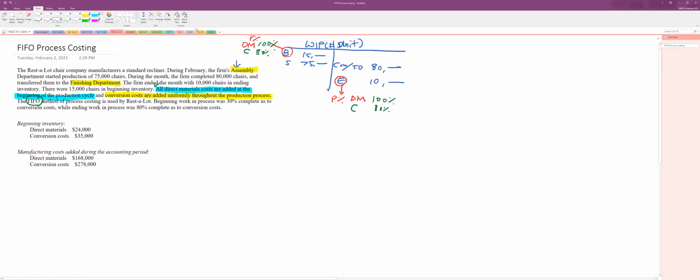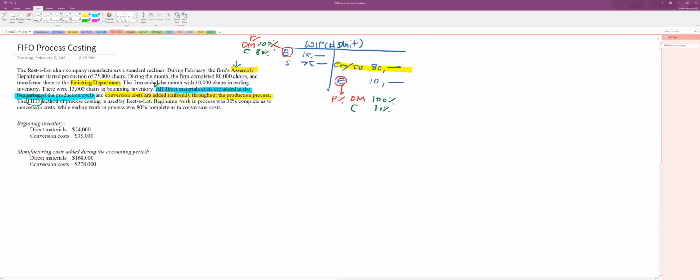I think you're right. So actually, there are many differences. There are many points you can make, but I think the point he just made is really the prime key point. What he tells is about those 80,000 finished and transferred out goods.